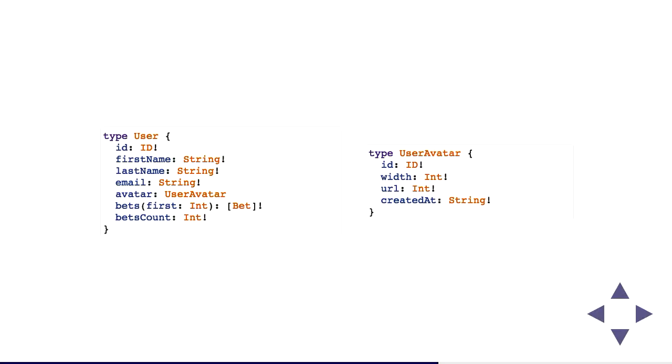Lists, you can see that for a bets field we return brackets with bet inside. This is how GraphQL schema defines a list. And if you wonder about the exclamation mark, it's just a way of making a field nullable or non-nullable.